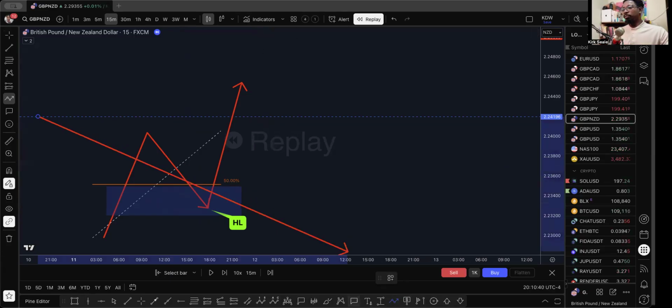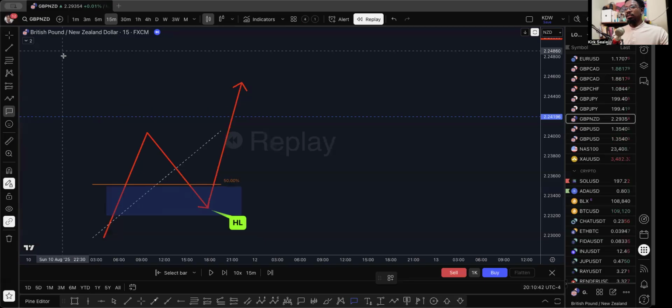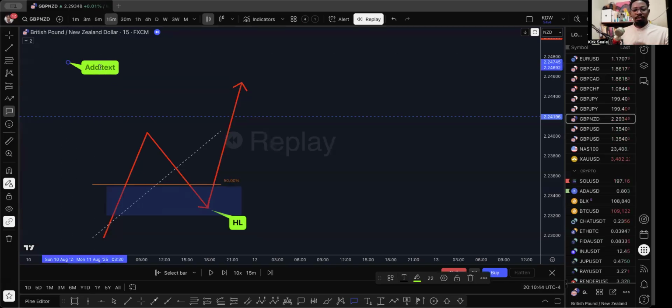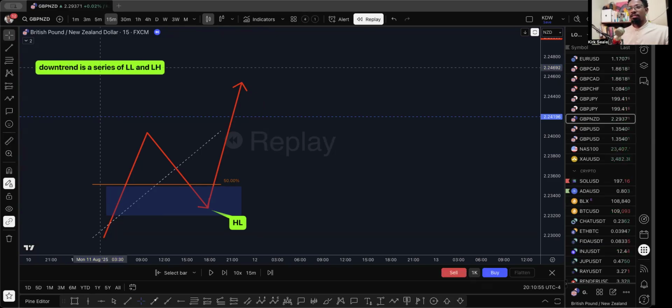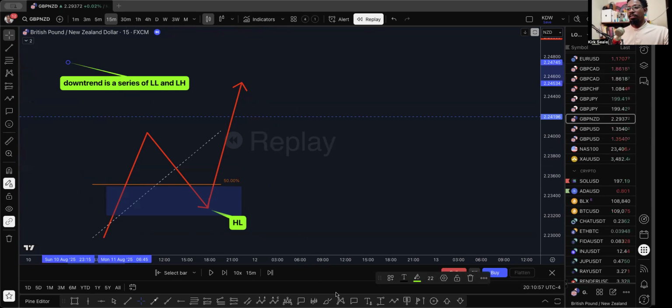And we know that a downtrend is a series, right? A series of lower lows and lower highs. That is a downtrend.